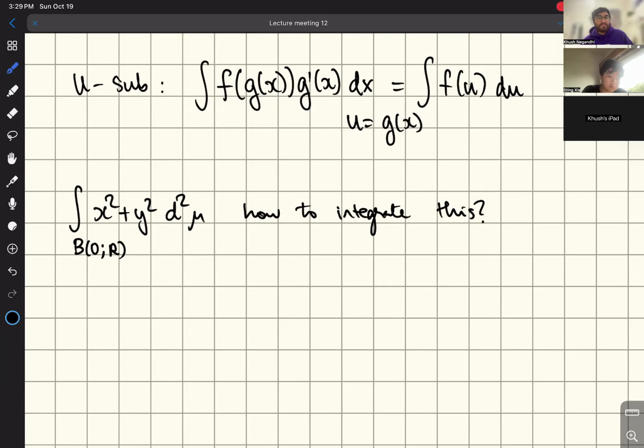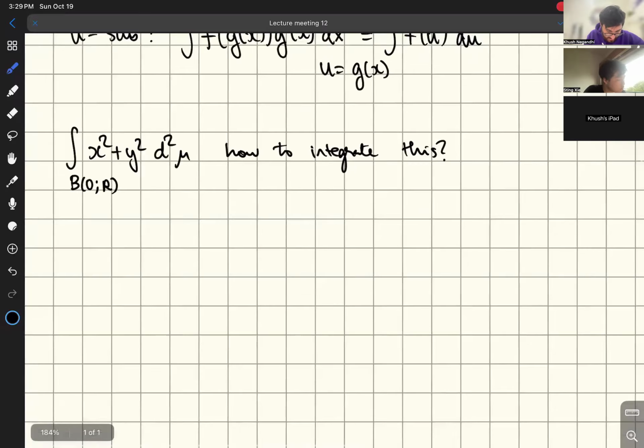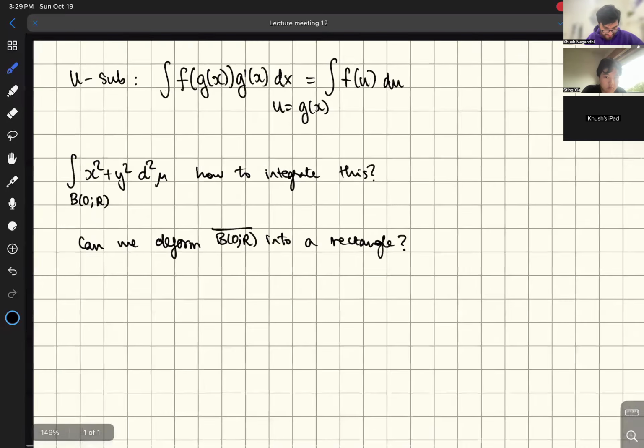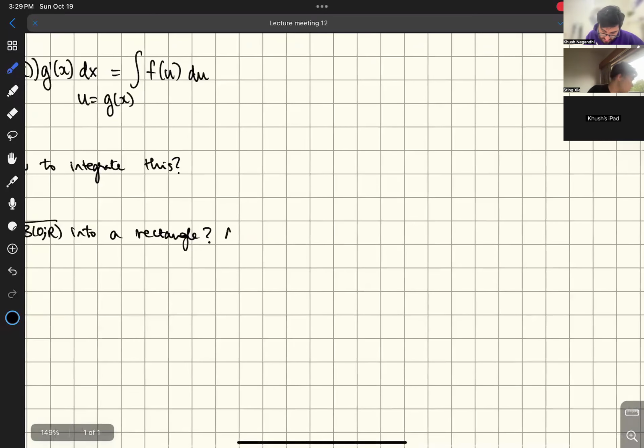Also, when I say ball, I mean even the surface of the ball. So can we deform the closed ball B_0(r) into a rectangle? I'll put the closure because why not. And the answer is almost. We can do it continuously, but not smoothly.